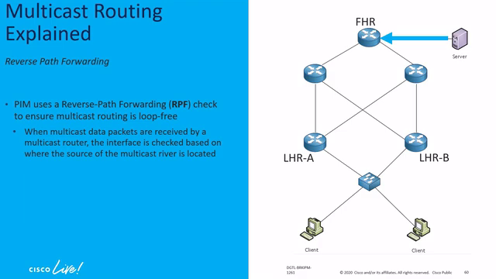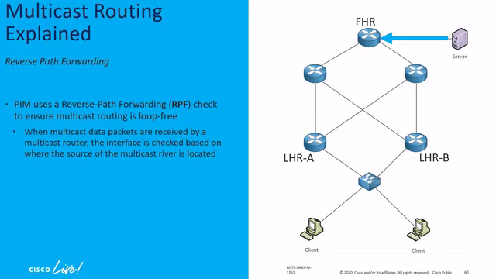So when a source sends multicast data packets to a multicast router, the interface on which that multicast traffic comes into the router is checked against the source of the packet. So the router looks at the packet and says, what is the source of the packet? Now remember, the destination is going to be a multicast group, so that's not going to be any good for this process.